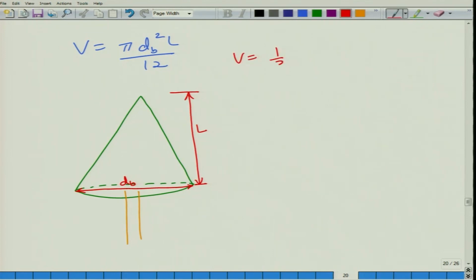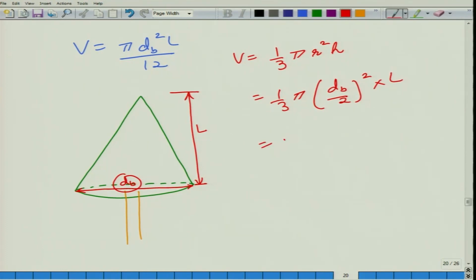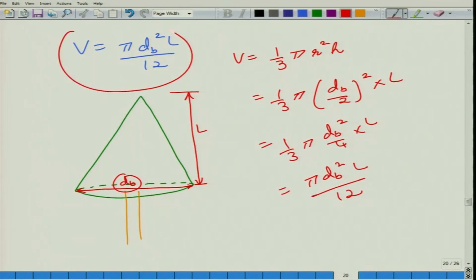volume is 1 by 3 pi r squared h, which is equal to 1 by 3 pi. Now, r in this case is dB by 2, squared, into height. The height of this cone is capital L, which is the crown length. So this becomes 1 by 3 pi dB squared by 4 into L, which is pi dB squared L upon 12, the same as this equation.